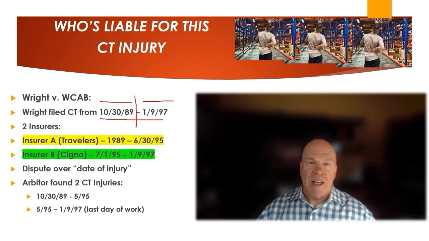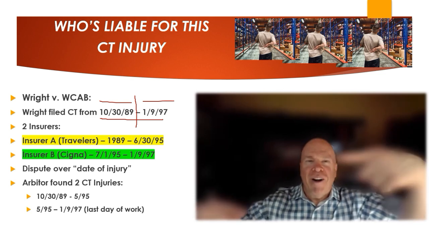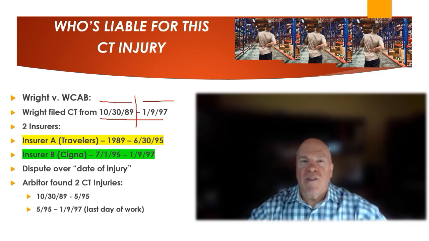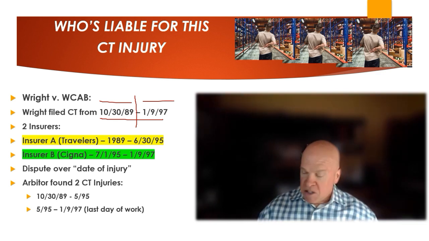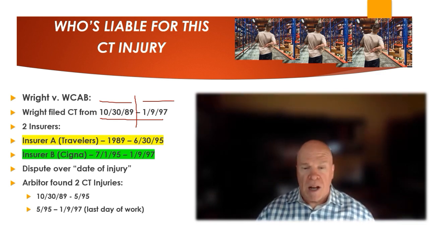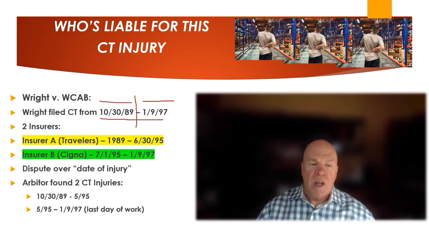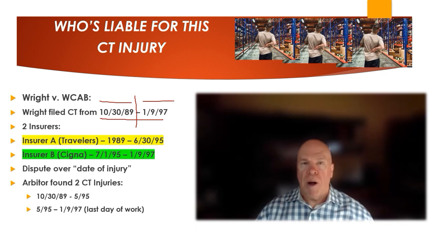So in this case, we might see where each insurance carrier is pointing the finger at the other. In this case, each insurance carrier gets to bite off a piece of the liability for not just 1, but 2 cumulative trauma injuries. So the date of injuries was for 10/30/89 through 5/95.